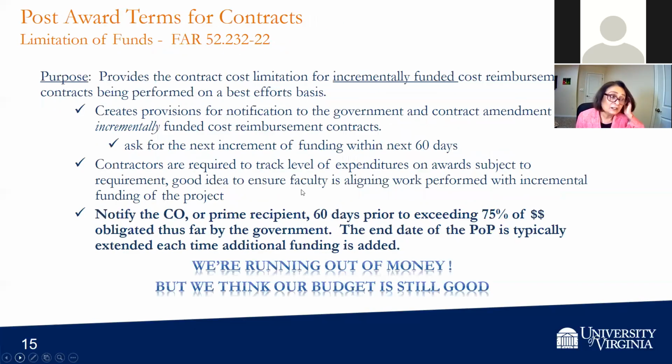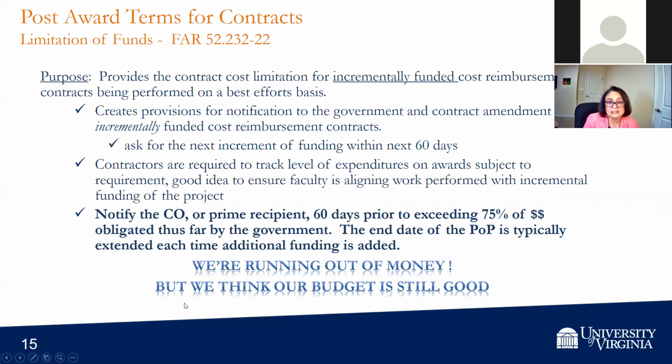The other term that we like to have in our contract is the limitation of funds. Now, this is when the contract is incrementally funded. And this is when we notify the government 60 days before we reach the 75% threshold that we are running out of funding.